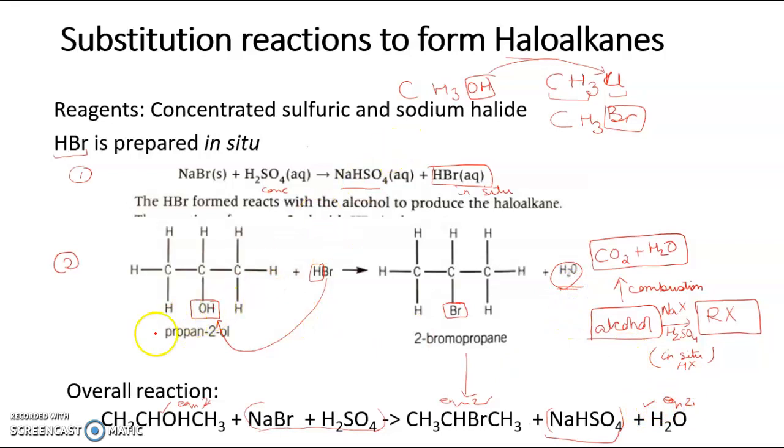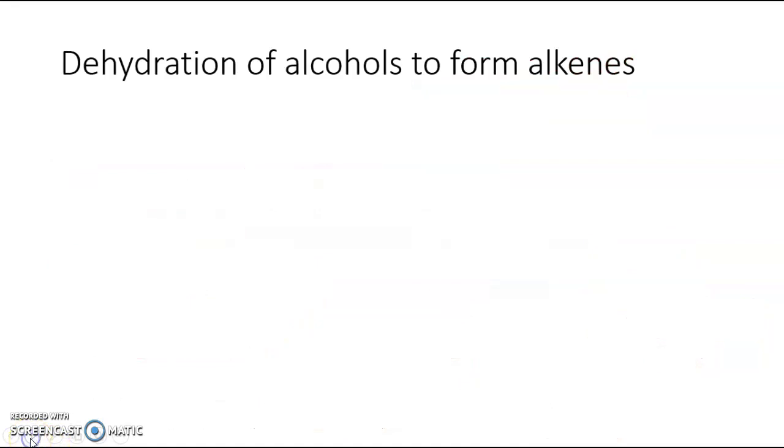So you write these two equations, then you add them up, cross out those reagents or products that are common on both sides, and then you add up the reaction to get the overall equation. So be mindful of what is being asked in the exam. Have you been asked for a step-by-step equation, or have you been asked to show the overall equation? That's very important to identify by reading the question very carefully.